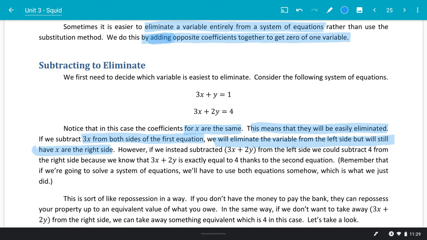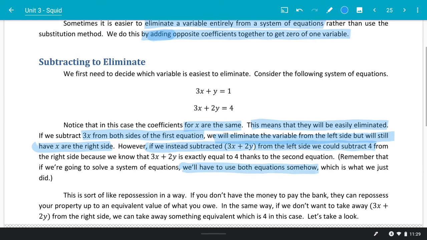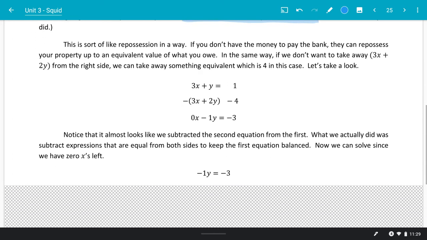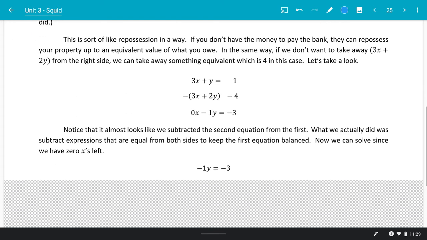However, if we subtracted 3x plus 2y from the left side, we could then subtract 4 from the right side, because we know that 3x plus 2y is exactly equal to 4, thanks to the second equation. Remember that if we're going to solve a system of equations, we have to use both equations somehow, which is what we just did. This is sort of like repossession in a way.